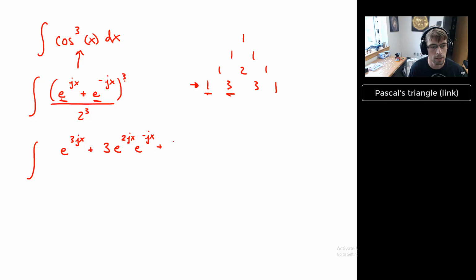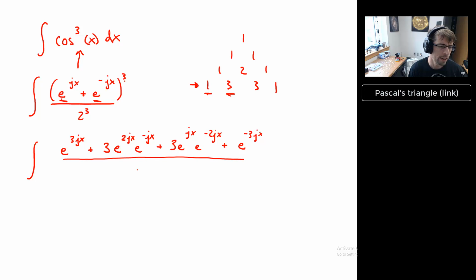And I keep going. Plus 3 e to the jx e to the negative 2jx. And then finally plus e to the negative 3jx. All over 2, I'll leave this in here for right now. Let's keep it as 2, and I'll pull the 1/4 out.